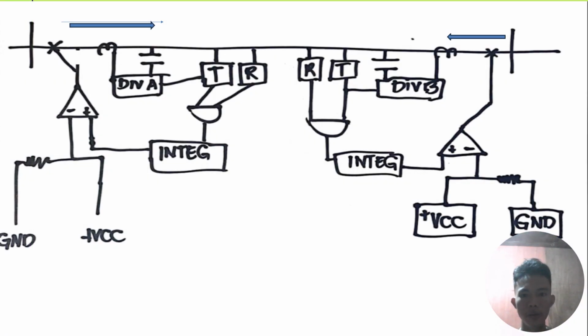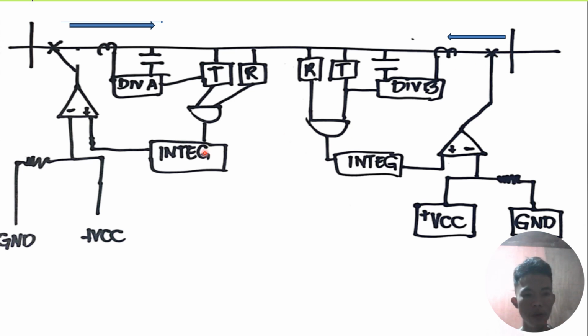Next, if we look here, this is the example circuit diagram. Here we can say this is differential relay 1 and here is differential relay 2, connected at the transmission ends of the transmission line.